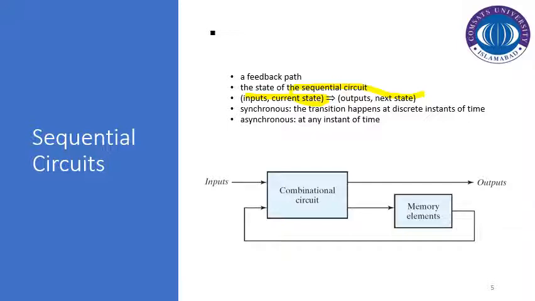As far as the categories of the sequential logic circuits are concerned, sequential logic circuits can be distributed into two distinct categories. Either the circuit can be synchronous or the circuit can be asynchronous. So what's the difference between the synchronous and asynchronous circuit? The major difference for the synchronous circuit is that the transition to the output happens at discrete instants of time.